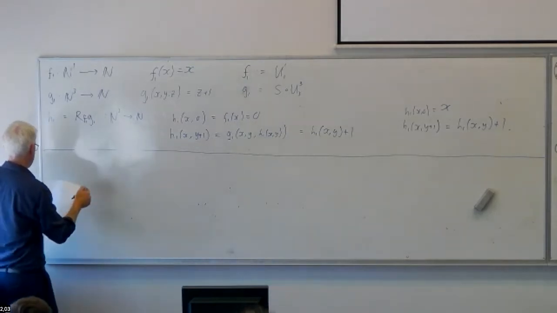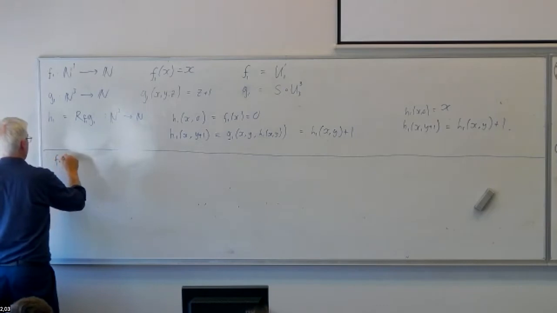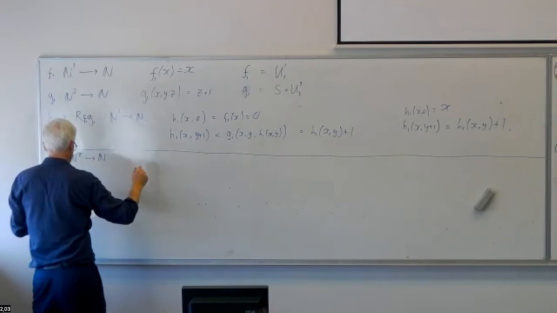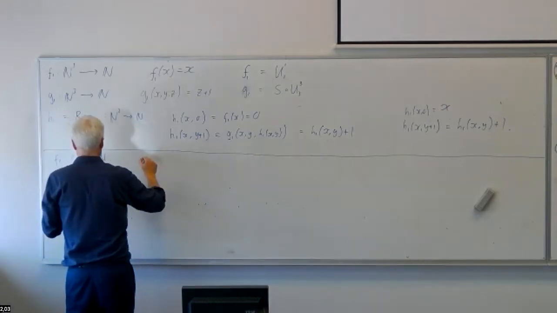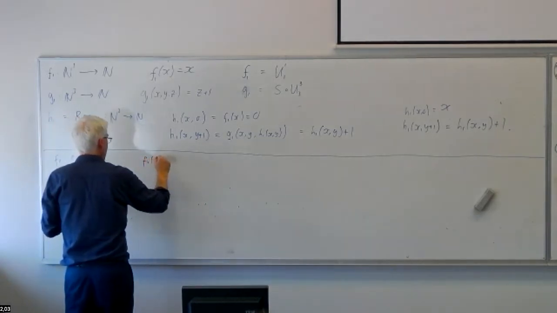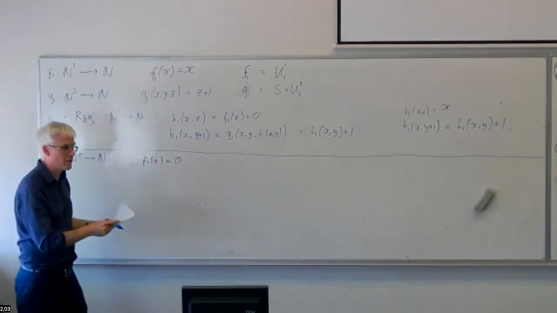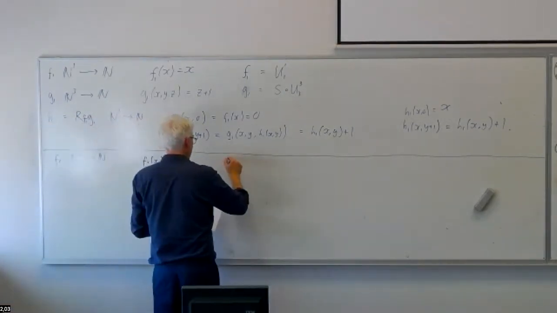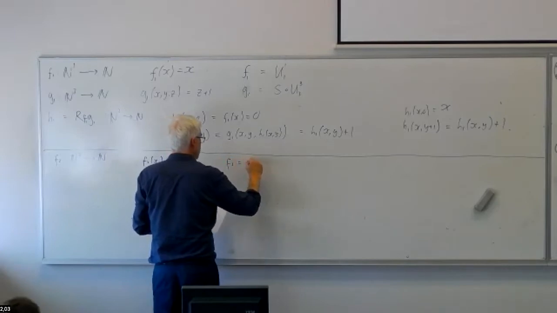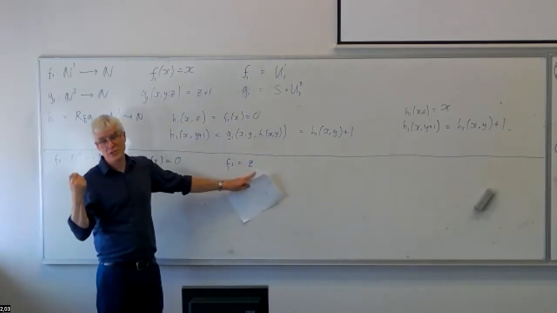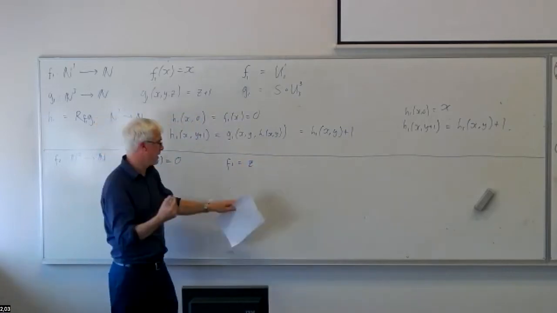So now we've got an F2, and this is F2 of X. We want to define a constantly zero function. So we can do that by F2 is the composite of the zero function, which is a function of zero arity.